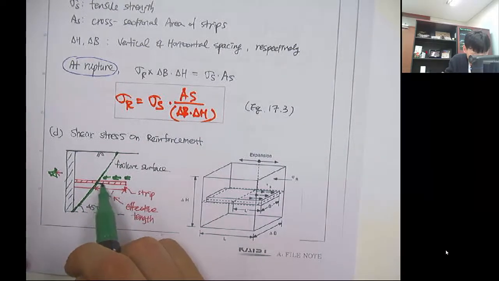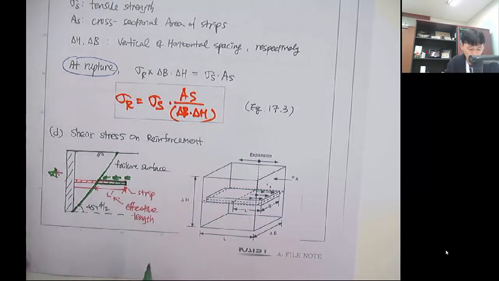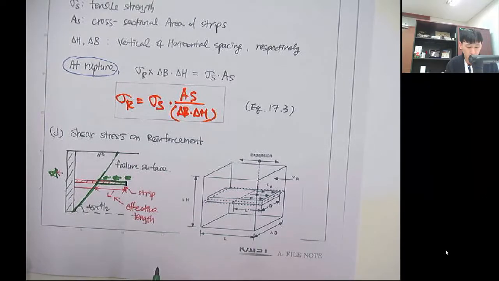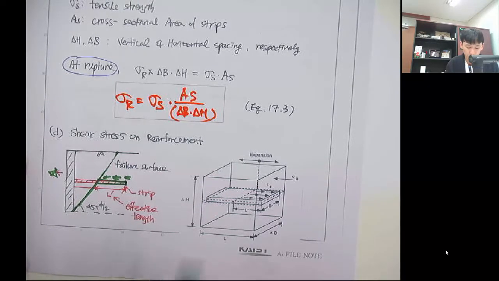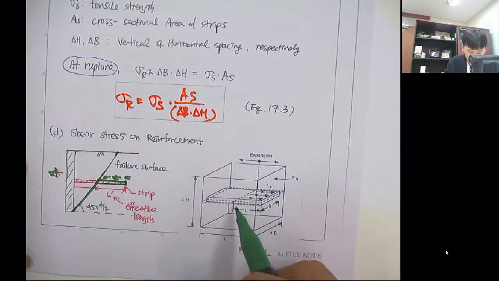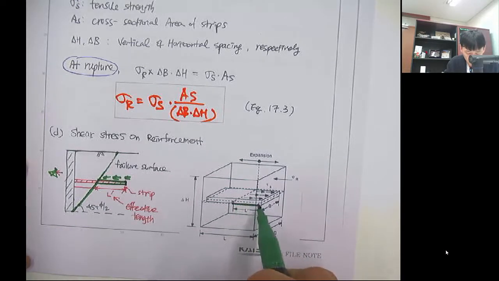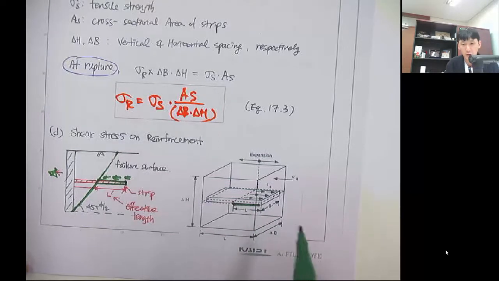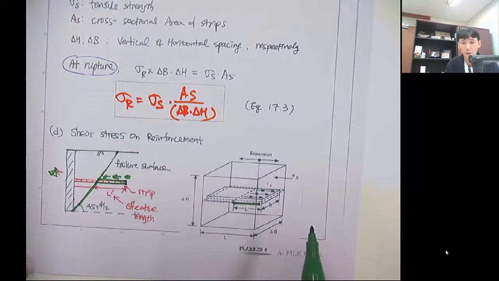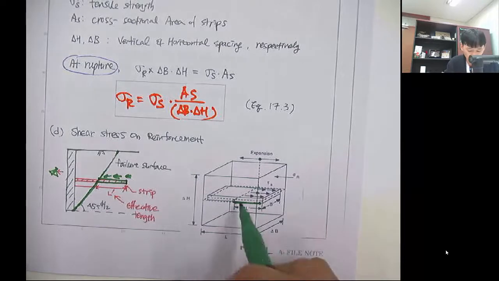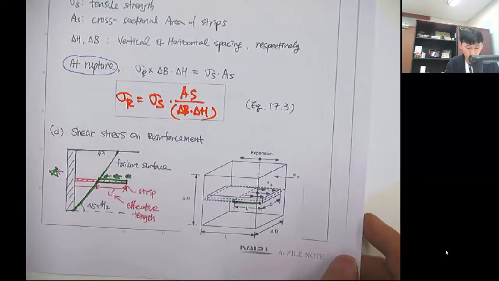So then this L prime will be the effective length against the failure. So let's consider the L prime, this region, and what will be the friction, the shear stress or shear resistance by the strip exerted by the frictional force.